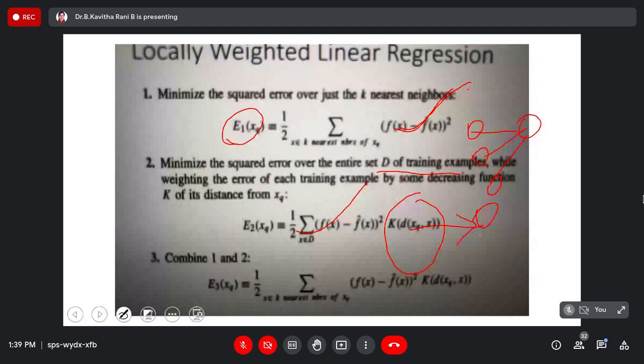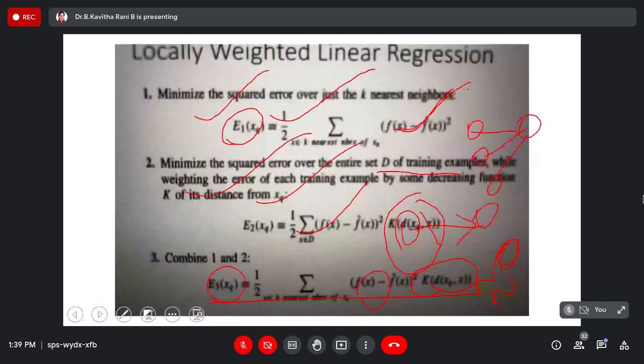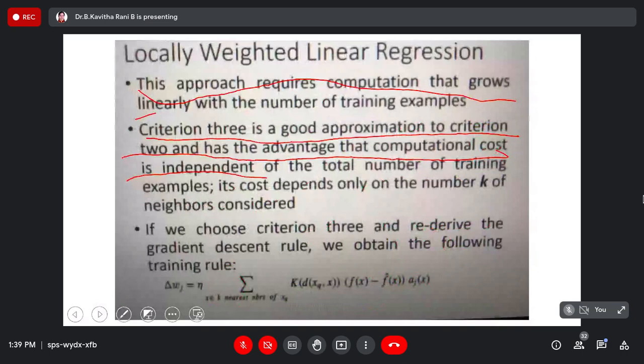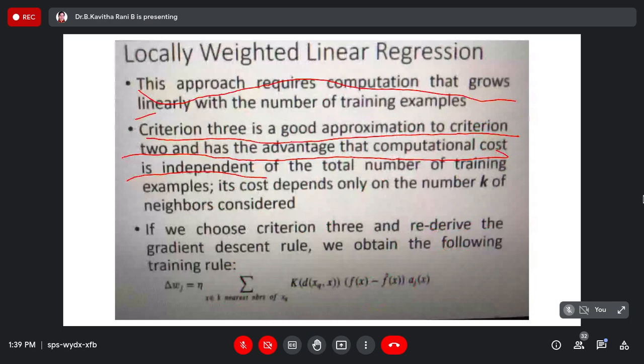Why? Because here we have considered all the training examples, but in case of the first, we are considering only a few. Then computational cost will be less. Okay, so that is nothing but criteria 3 is a good approximation to criteria 2. Its cost depends only on the number k of neighbors considered.